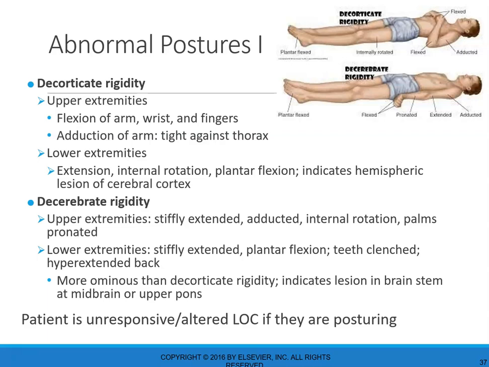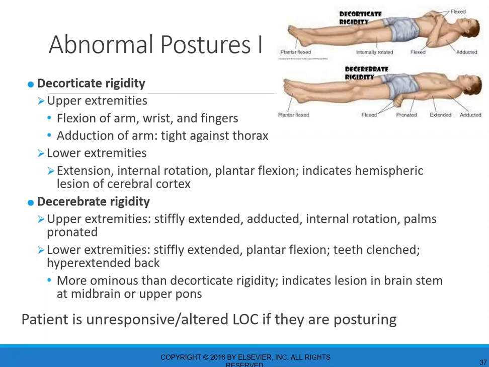For decerebrate rigidity, the upper extremities are stiffly extended. They're adducted and internally rotated. The palms are pronated. The lower extremities are stiffly extended. You'll notice plantar flexion, the teeth clenched, and a hyperextended back.